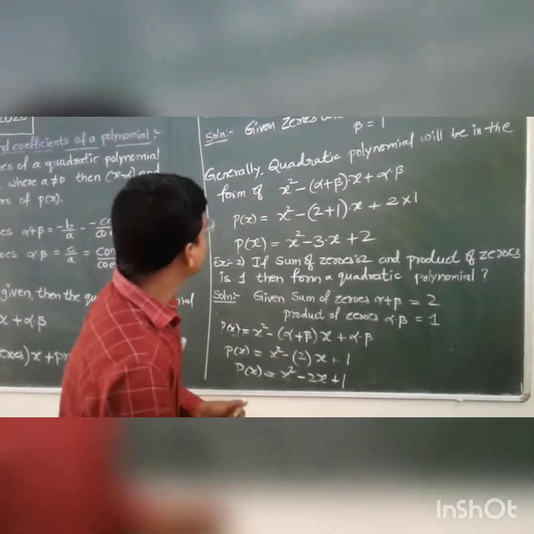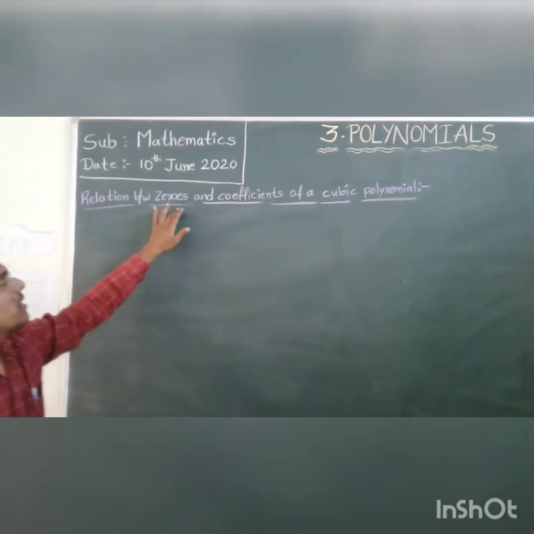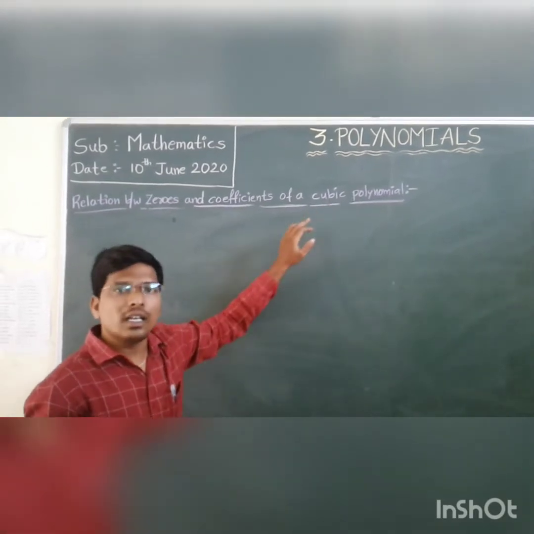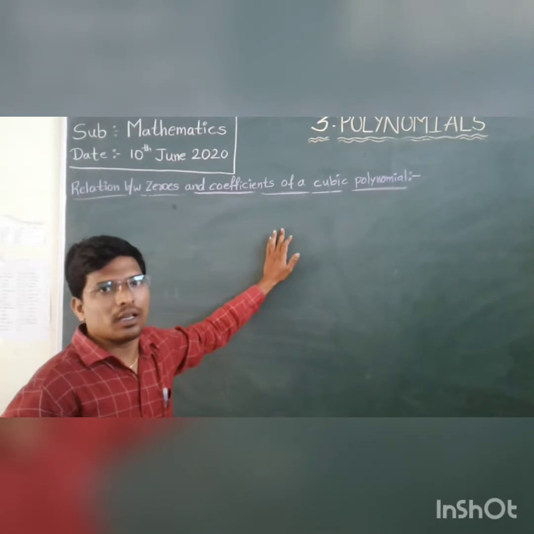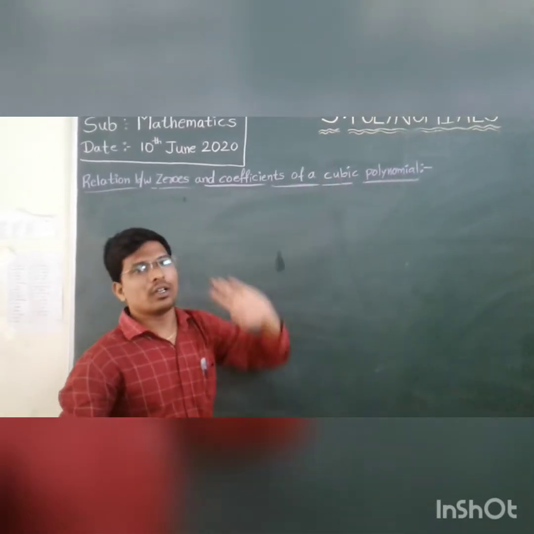Okay, next, coming to the next topic: relation between zeros and coefficients of a cubic polynomial. Till now we have discussed the relation between the zeros and coefficients of a quadratic polynomial. Next we are going to learn about the cubic polynomial.